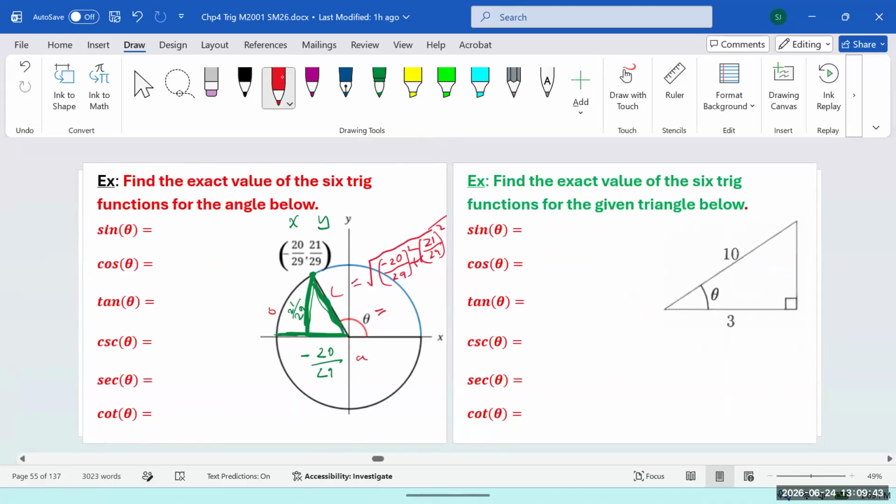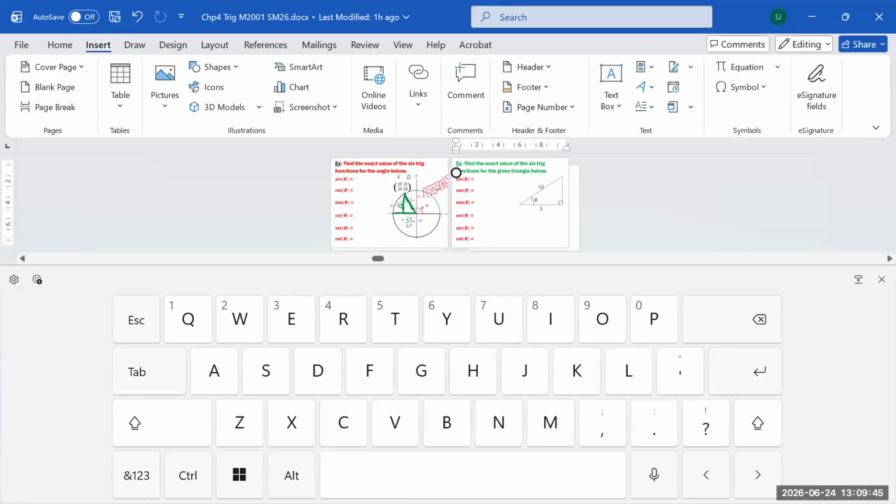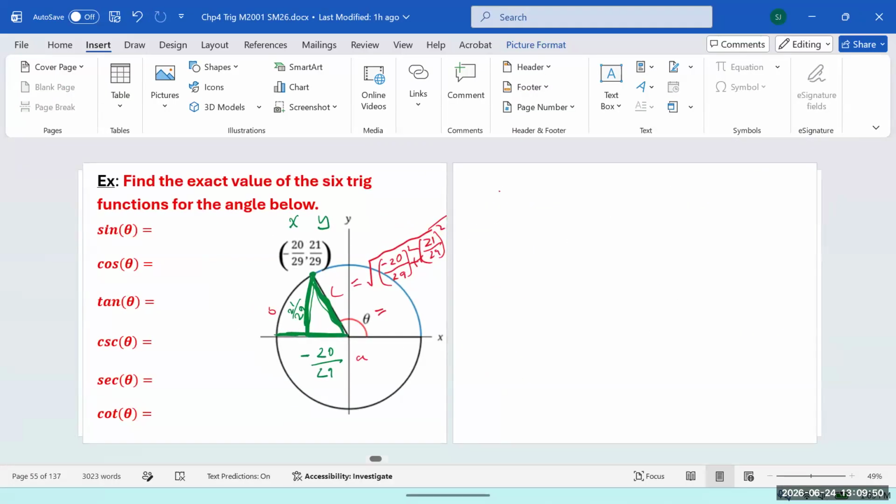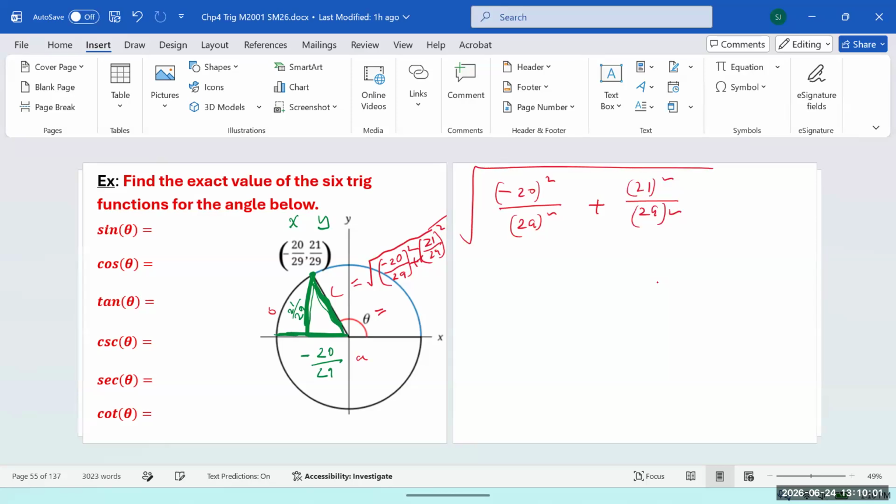Let's do the math here. Negative 20 squared over 29 squared plus 21 squared over 29 squared, under the square root. The first one is easy, 400. I know this. And then this is 29 squared. You don't have to find that because you are going to combine the numerators anyway. How about 21 squared?